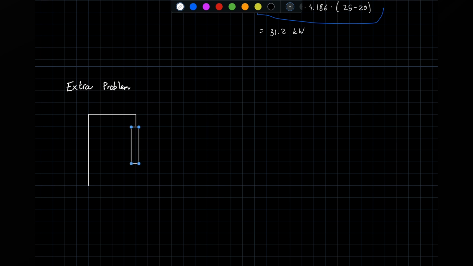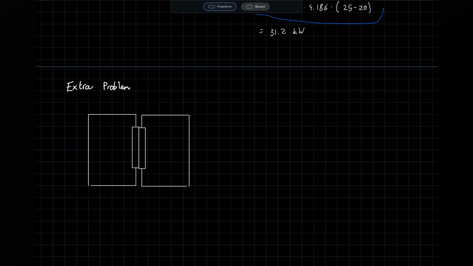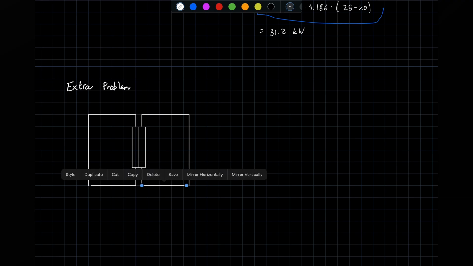So here, let's say this is loop 1. And let's just mirror this horizontally. This is your second loop. So within these two loops, you've got water running. So here, this was like your primary loop, and this was your tap water loop.